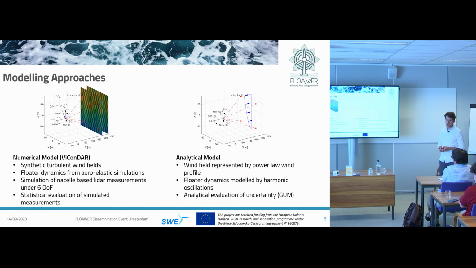How did we do that? We have some measurement data from the lidar, but we are lacking a reference measurement in this setup, so there's no met mast or comparison measurement. So I first did an approach which is based on modeling the measurement, and I did it in two different ways. One is using a numerical model simulating the measurement. Basically, we are creating synthetic turbulent wind fields. We simulate floater dynamics with OpenFAST, so we get the 6 degrees of freedom of the turbine.